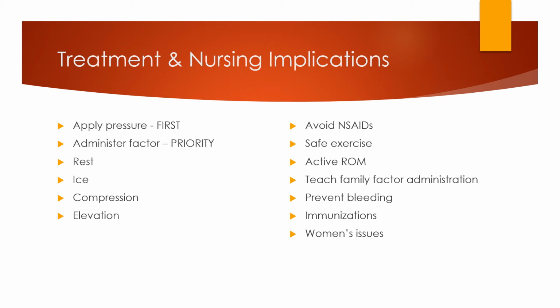An individual who is a hemophiliac, if they get a bleed, may not have enough time to get to the hospital and have the factor administered before they have a very serious complication from this bleed. And again, it depends on where the bleed is and what is happening with the bleed.